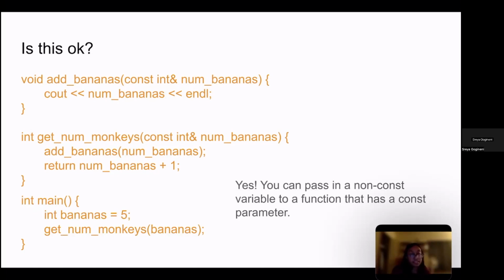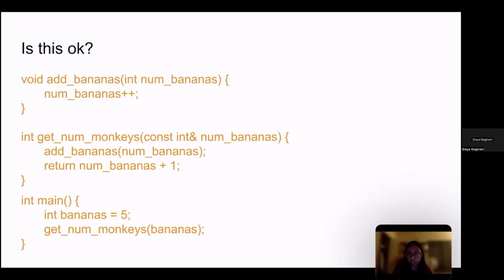Yes, this is actually okay. What the getNumMonkeys function is saying here is I will treat numBananas as if it was a const integer. But it's okay to pass in just a plain integer to getNumMonkeys. It also would have been okay to pass in a const integer to getNumMonkeys.